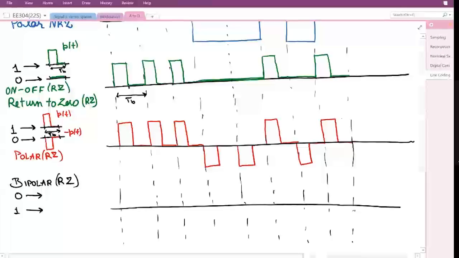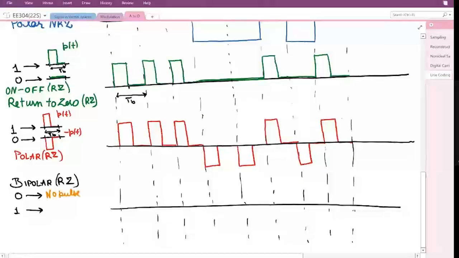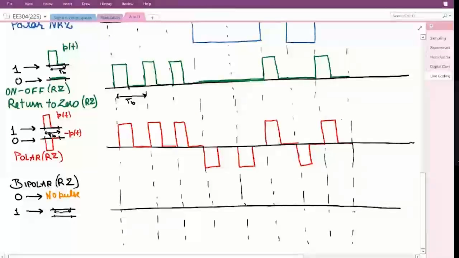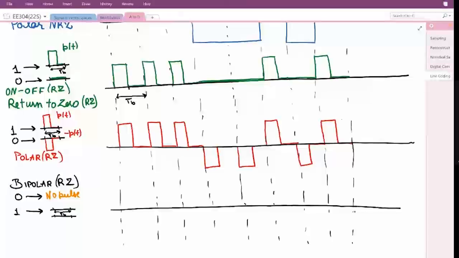But for 1, we have both the pulses. 1 can have both PT and minus PT, this or this.